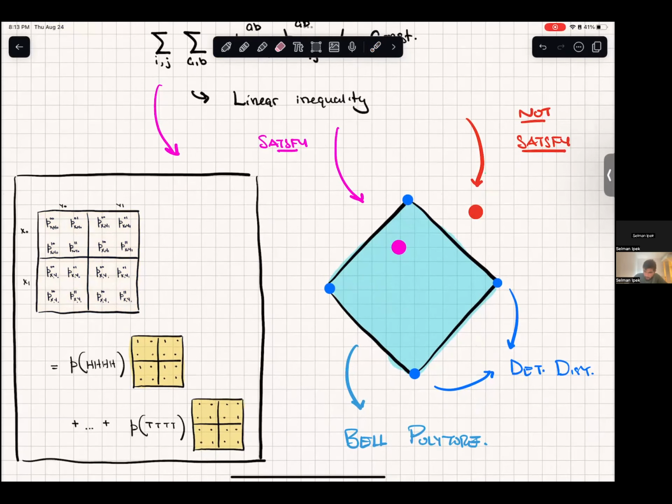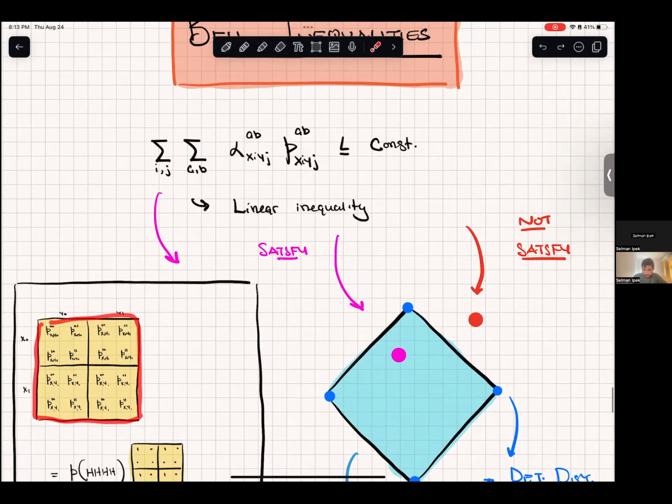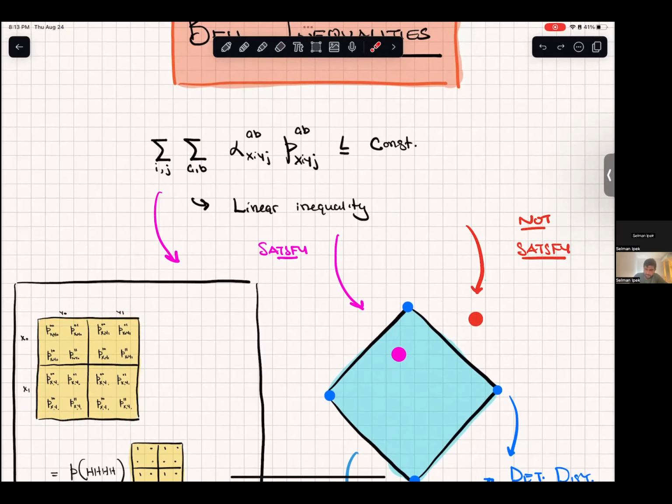So if you have a table of probabilities, a Bell inequality is just a linear expression that has to be less than or equal to some constant. It could have some coefficients. We think of each of these 16 probabilities in this table as a variable, and it could have some weighting on it. That's all that I'm doing.